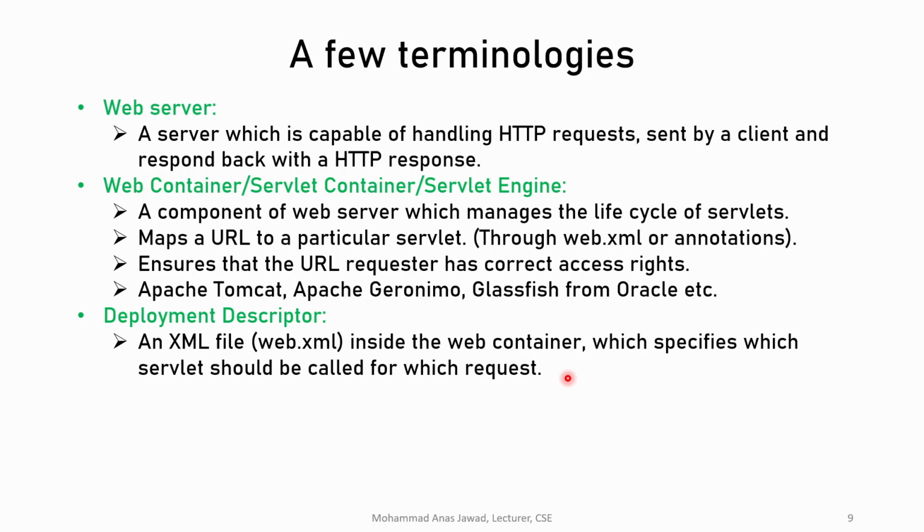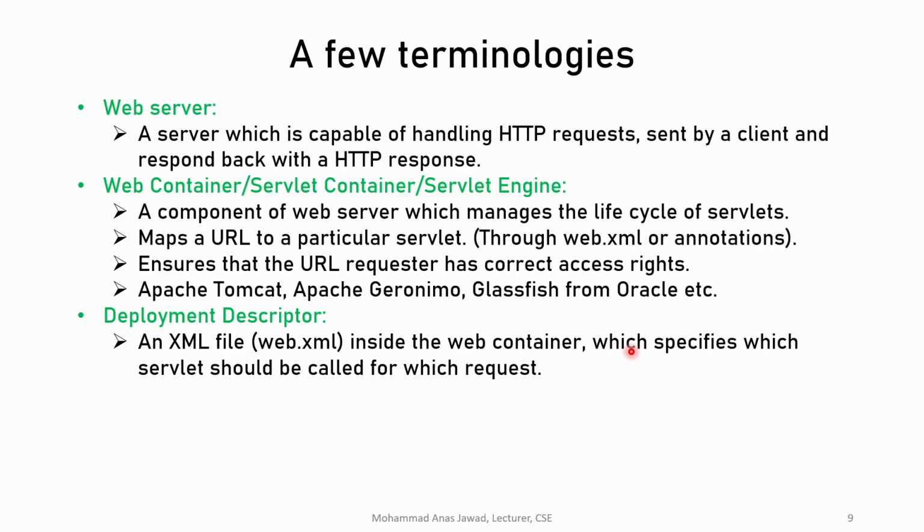So suppose I want to calculate the addition of two numbers, then that request needs to be mapped to the correct servlet so that I can actually get the right result that I am looking for, right? The way this is done is by using something called a deployment descriptor, which is essentially a web.xml file inside our web container. Okay, this web.xml file specifies which servlet should be called for which request.